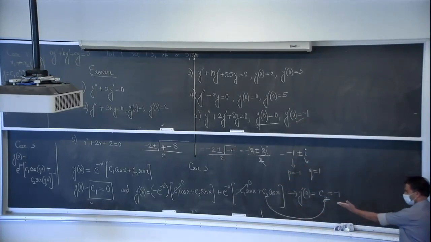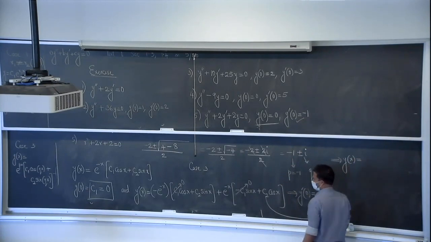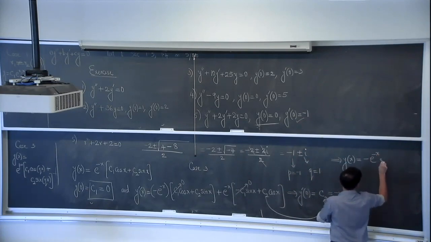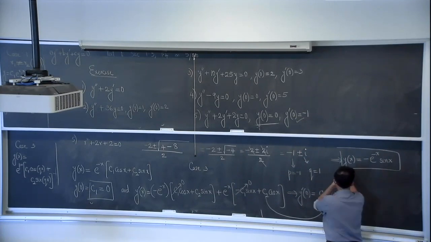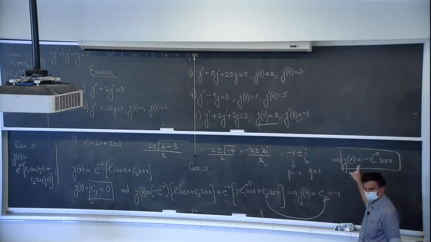So c1 is 0, c2 is negative 1. So the particular, or unique, solution for this would be y of x equal to negative e to the power of negative x times sine x, because c2 is negative 1 and it multiplies the sine term.